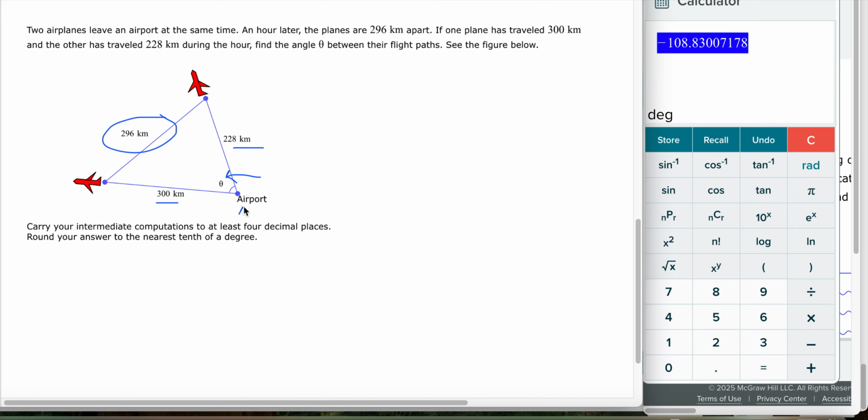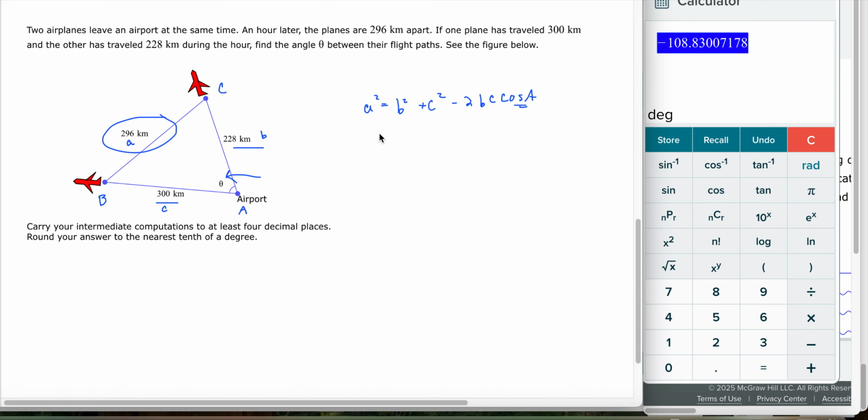All right, so I'm going to call this A. We'll call this B, and we'll call this C. And so then this would be side B, this would be side C, and this would be side A. So we'll go ahead and use law of cosines where we can solve for cosine A. So that would be A squared is equal to B squared plus C squared minus 2BC cosine A. And then we'll be solving for cosine A.